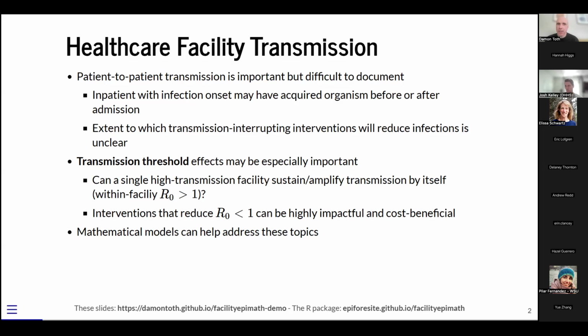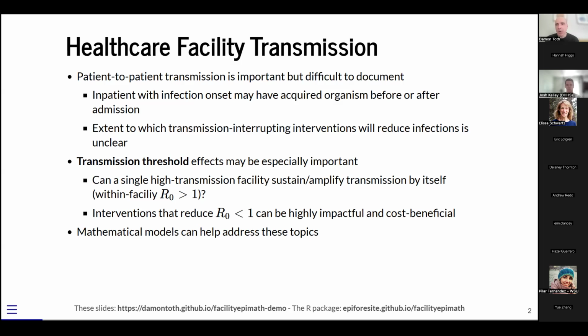When an inpatient has symptomatic infection onset for something like, for example, an antibiotic-resistant bacteria, it's often unknown whether they brought the organism in with them when they were admitted or whether they acquired it from another patient during that same stay. Because of that uncertainty, it's hard to predict how much efforts to decrease transmission between patients will actually reduce infections.